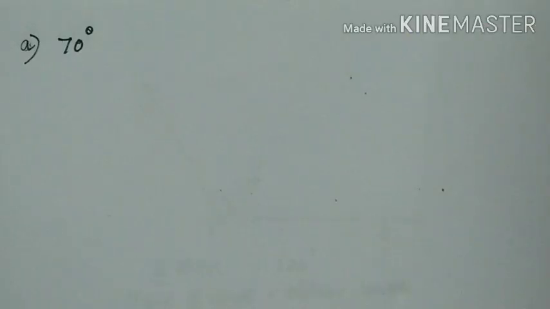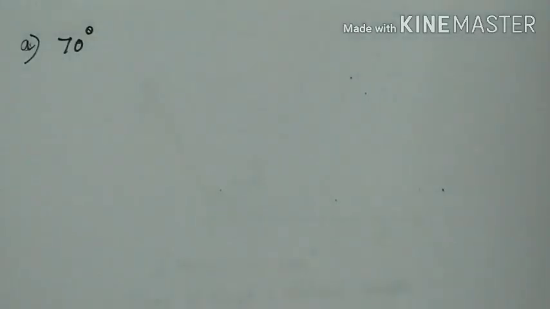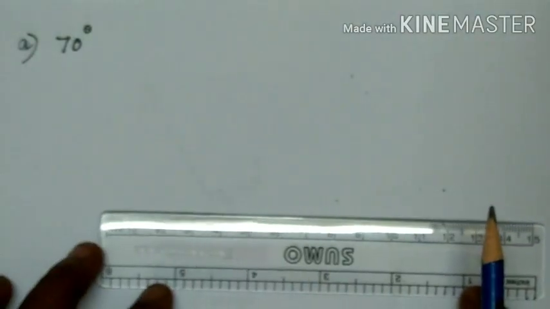The first question is 70 degrees. Which instrument do we have to use to measure the angle? Yes, protractor. But as the first step, we want to draw a ray. Using the scale, you can draw a ray.